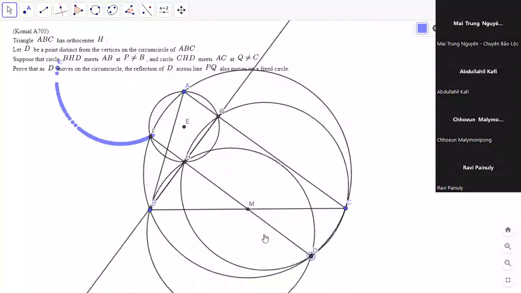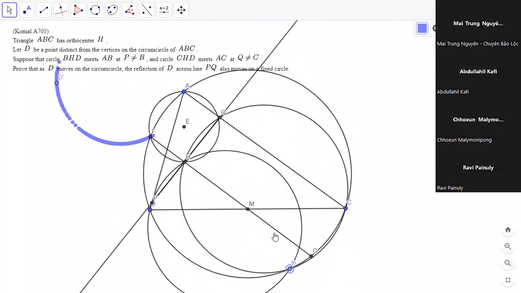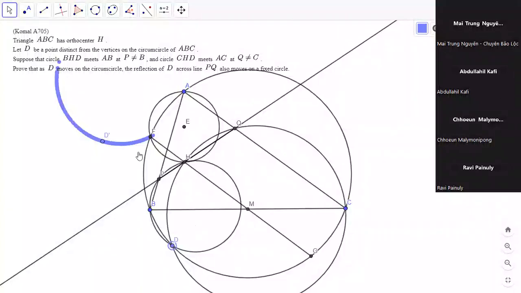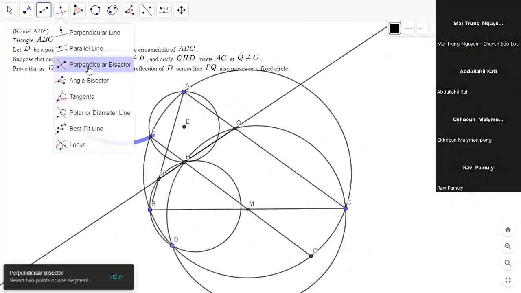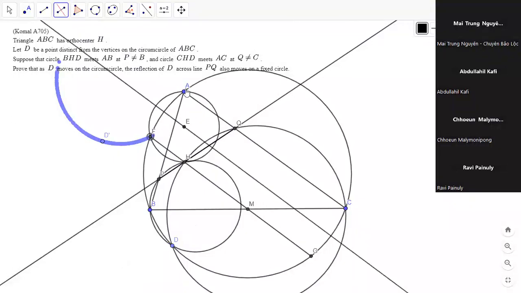Just need to find the center of it. The center lies on the perpendicular bisector of AO. It's like right about there.